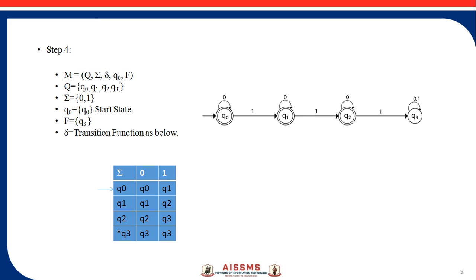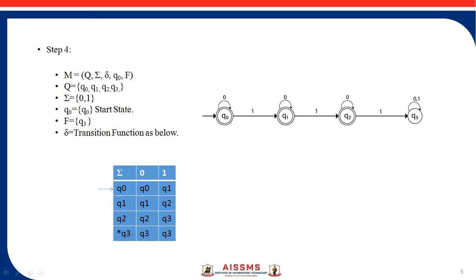Afterwards, delta is the transition function, and it is a mapping of states and input alphabets. Q0, Q1, Q2, Q3 are the states, and 0 and 1 are the input alphabets. Q0 is the initial state, so it is represented by an arrow.